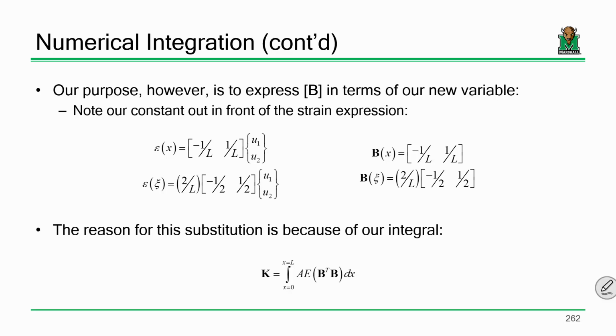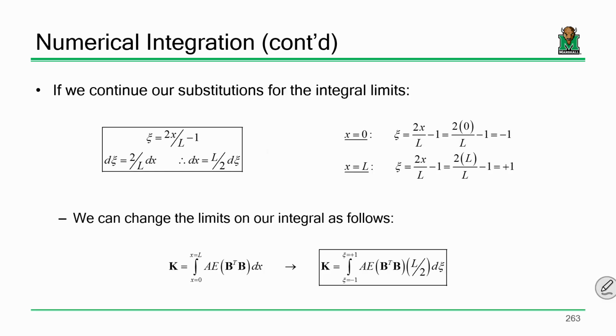And it's all about this integral, okay? Specifically, the limits. The limits on that integral are from x equals 0 to x equals L. I want to do a substitution such that I change those limits. That's what I'm really after, okay? Now, if you go through and evaluate the limit at x equals 0, what do you get for xi? Well, it's 2 times 0 over L minus 1.